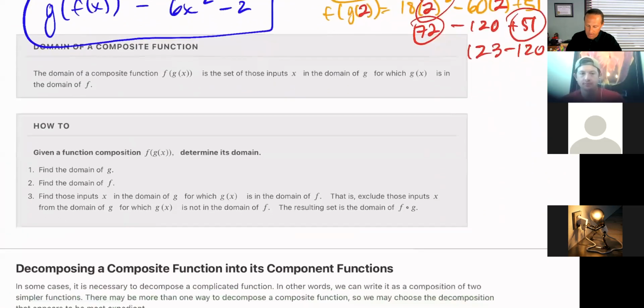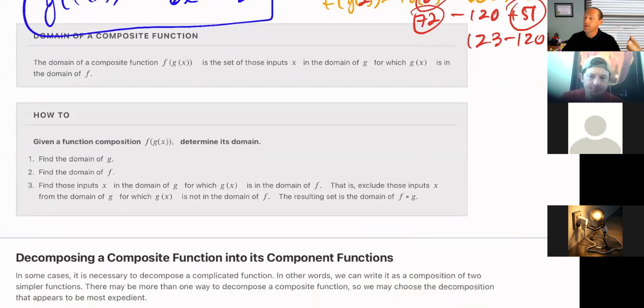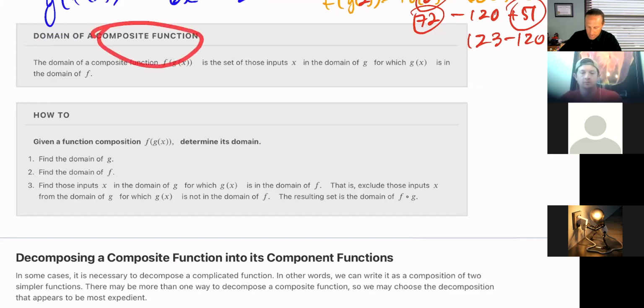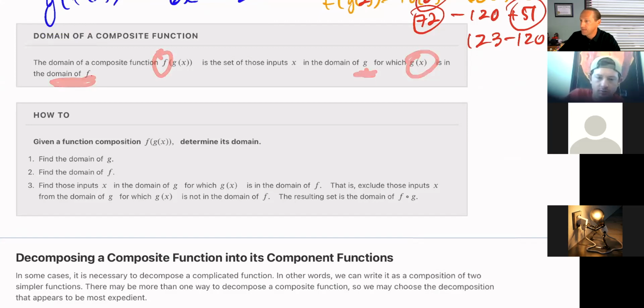So the last thing I want to get to today is how do we find, and put it all together, the domain of a composite function? Well, just like we evaluated it, we got to work from the inside out. So all this is saying is if we have the domain of a composite function, we're going to find the domain of g first, and then we'll take that and find the domain of f next.